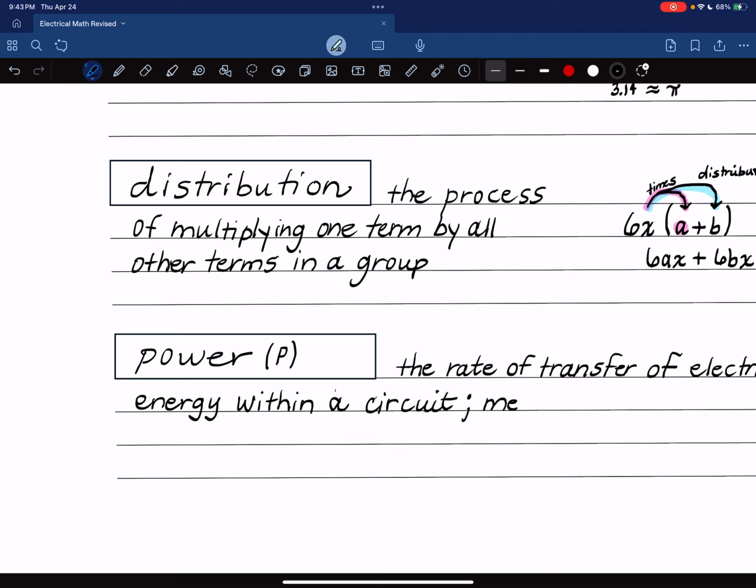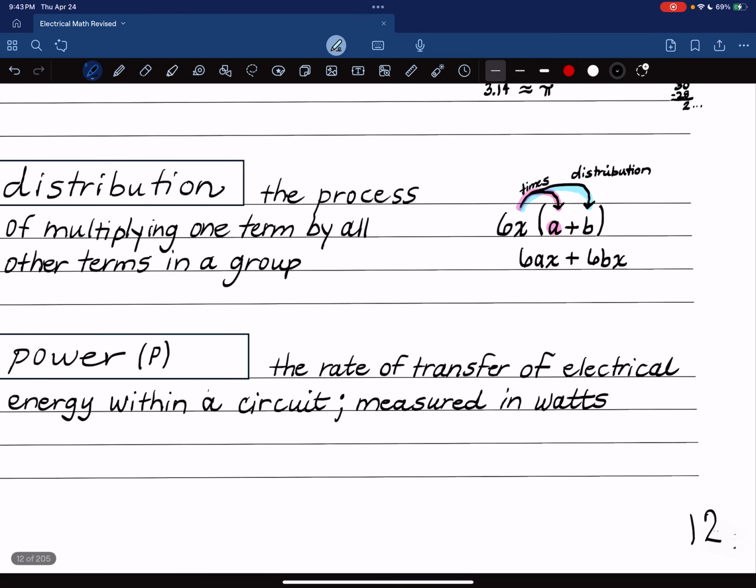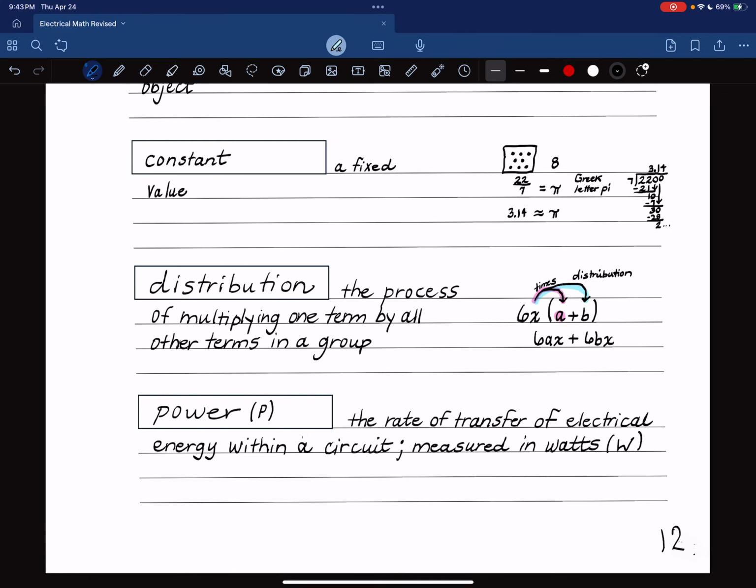Power is measured in watts. And the symbol for watts is W. Power is measured in watts. It is represented by the capital letter P. It's measured in watts. Units are watts.